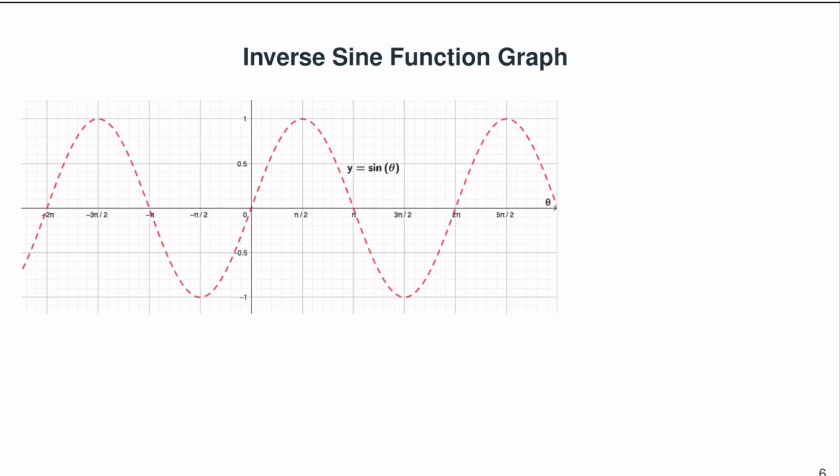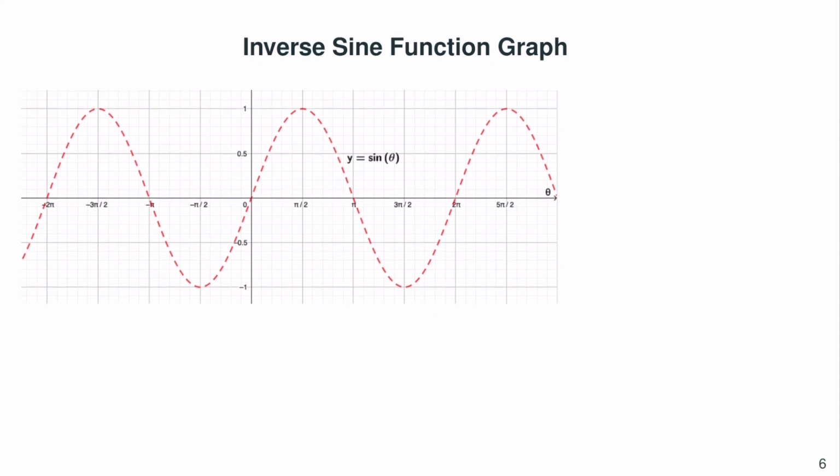So here's a sine graph that we've seen before. If I invert this, we're not going to get a function. Let's label something. Here's the domain, the angle, and the output is the sine value. For example, when the angle is 5 pi over 2, the corresponding sine value is 1.